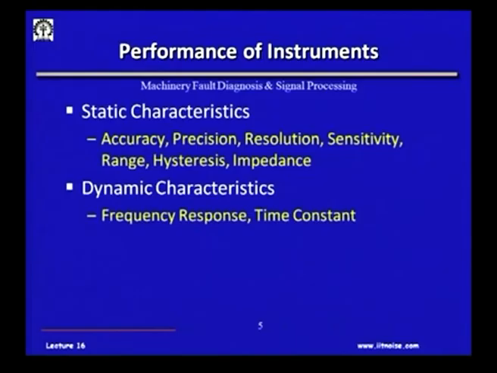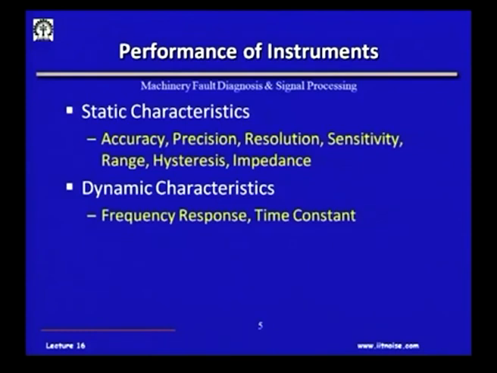So, in a static instrument which we use for measurements, we have to be very careful about whether it is an accurate instrument, whether it is a precise instrument or transducer, and you will see how accuracy and precision can hamper your results.